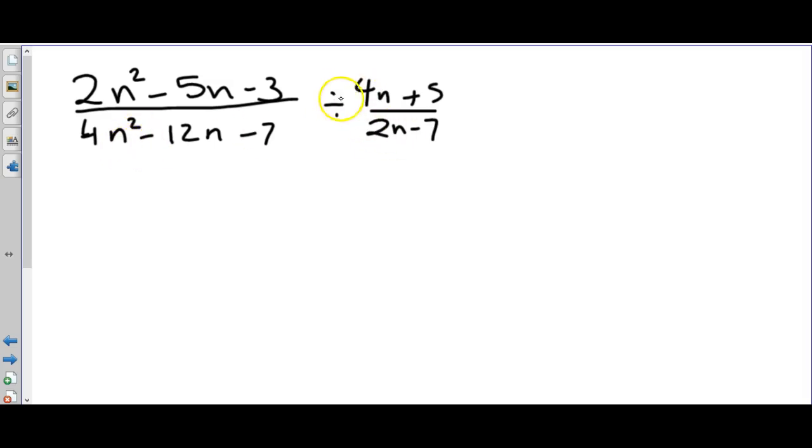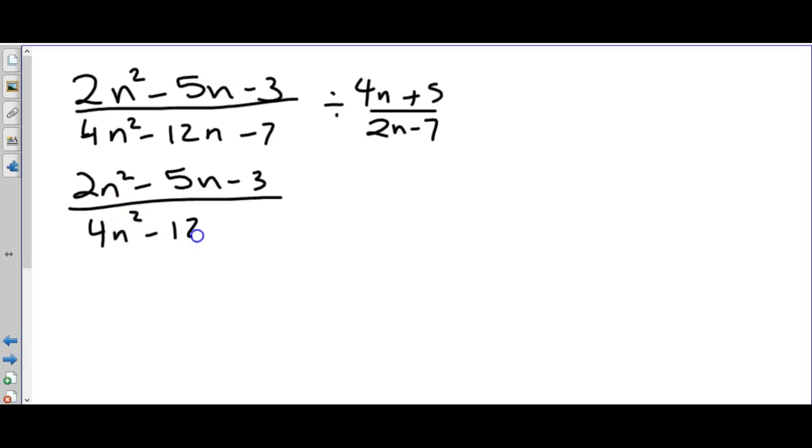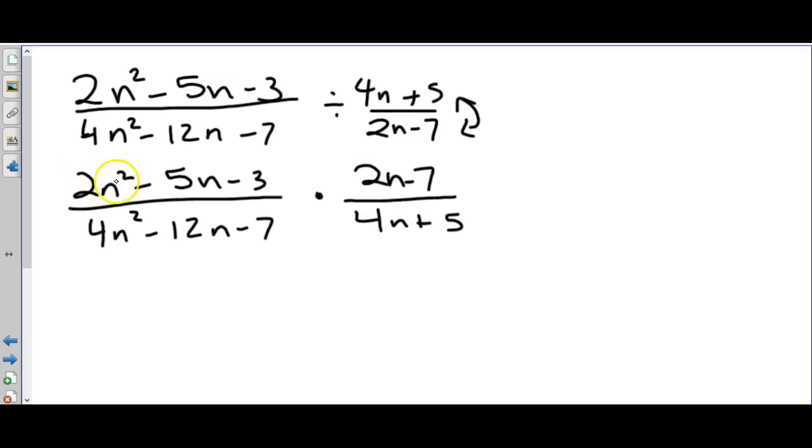So looking at this, we should change it to multiplication first. First fraction stays the same. We change it to multiply, and we flip the second fraction upside down. Now we have to factor the 2n squared minus 5n minus 3.